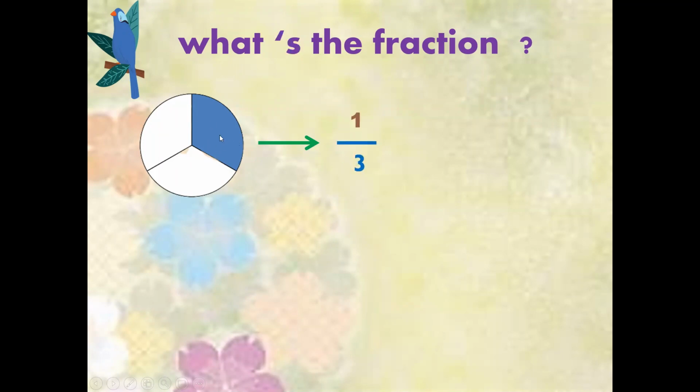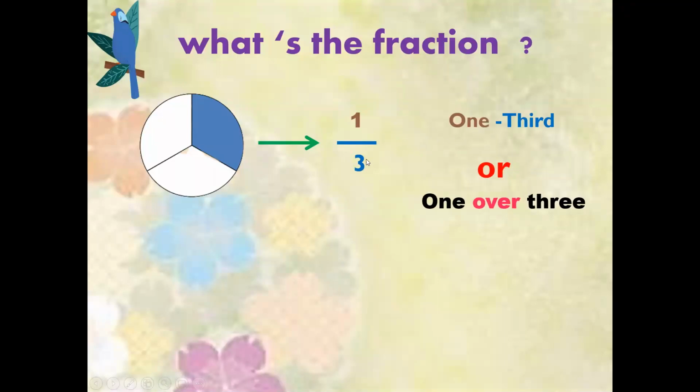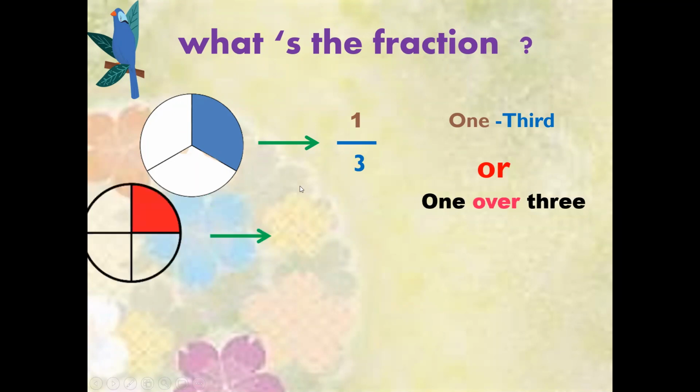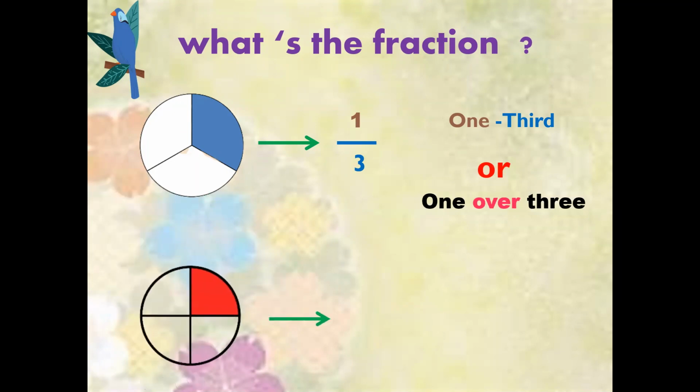The 1 blue part is 1, and dash, and the whole parts, colored and not colored. They will be 3 parts. So it will be 1/3 or one third. Very good, Eliazia. Excellent, Yemen.